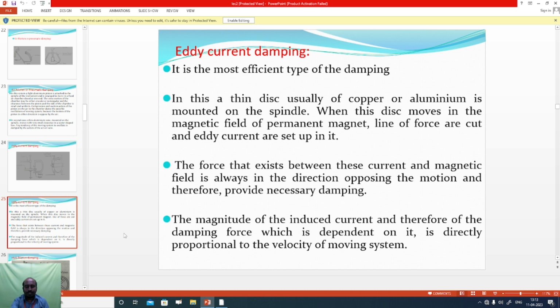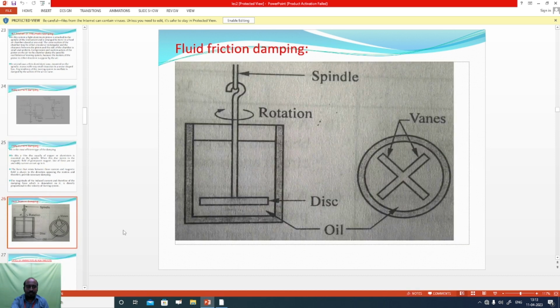The magnitude of the induced current and also of the damping force is dependent on the velocity of the moving system.